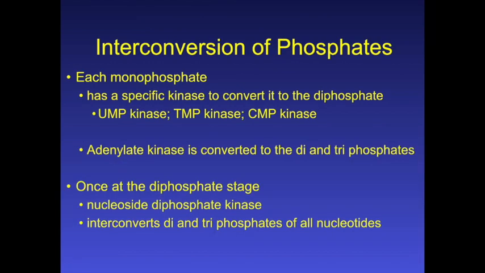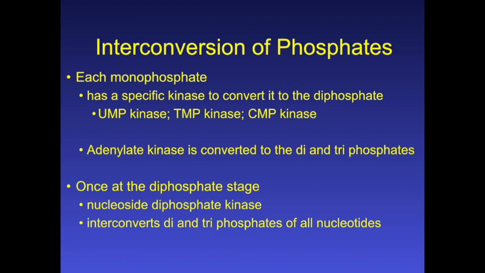Okay. At this point in time, we have UMP. Okay, we have TMP and we have EMP. All right. There are specific kinases that will phosphorylate them to the diphosphate stage. Adenylate kinase is different. It can convert it to the di, but it can also then convert it to the triphosphate.